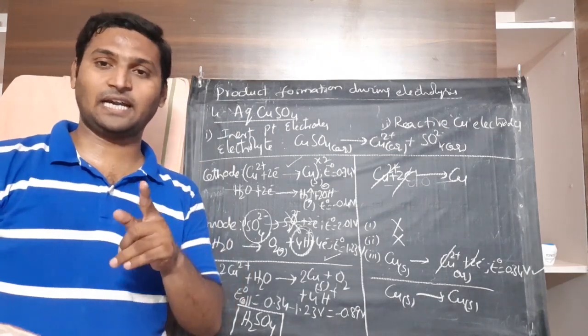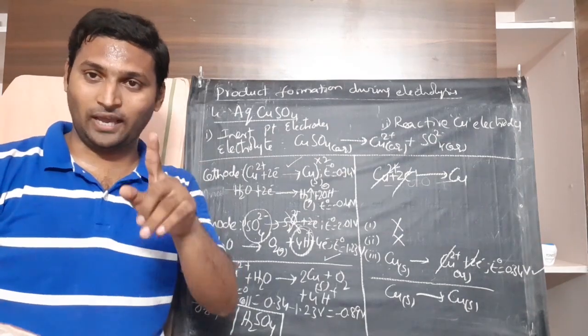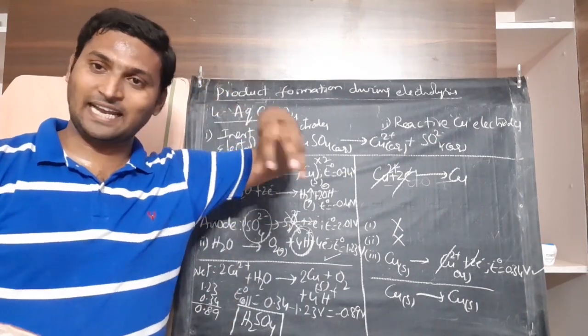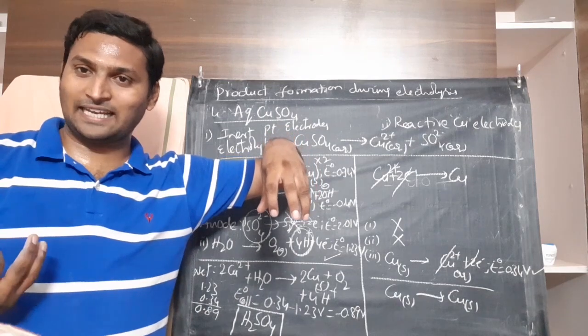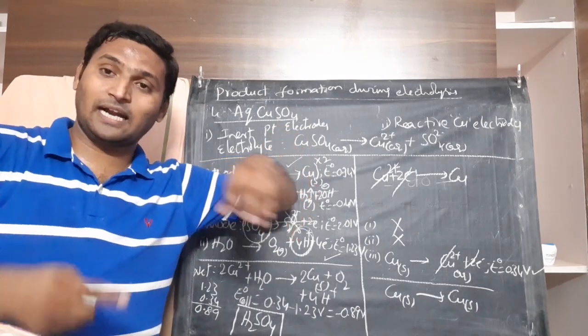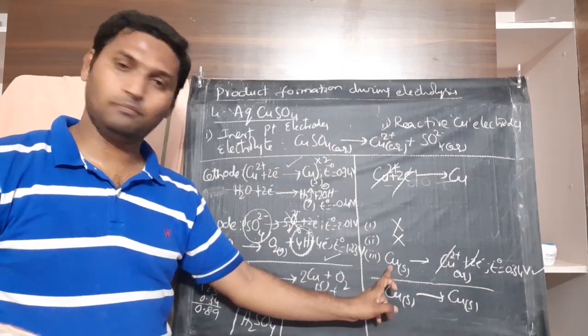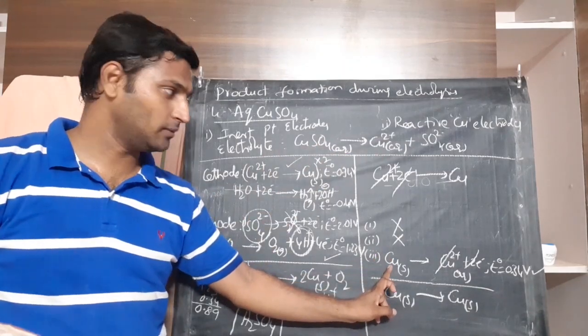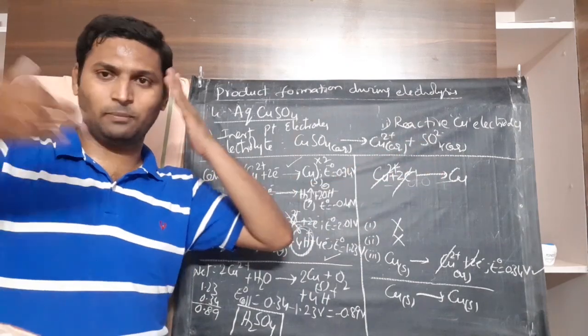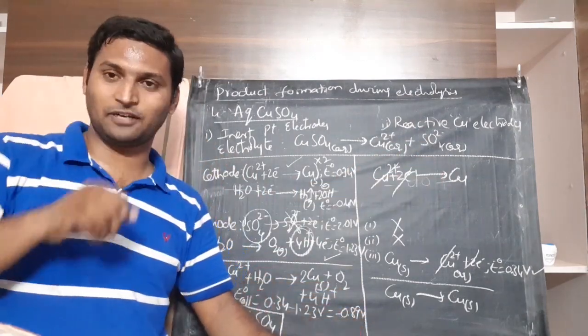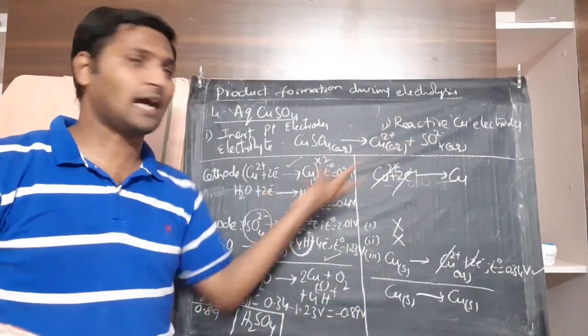There, you must have studied electrolytic refining of metals, where impure metal is taken as anode, pure metal is taken as cathode, and the electrolyte will contain ions of the same metal. Same thing. Impure copper anode, pure copper cathode will be taken for copper to be deposited there, that's a different story. And the electrolyte contains copper ions.